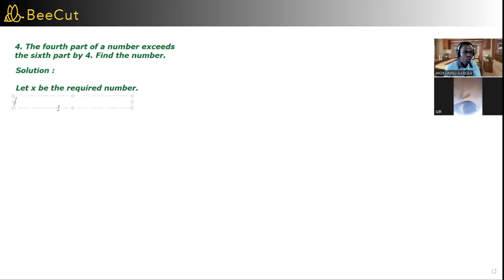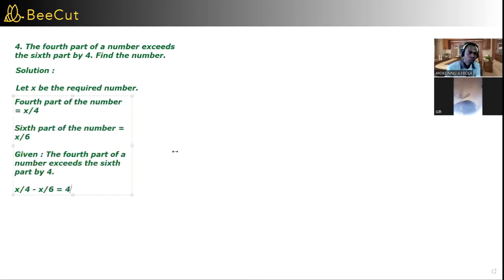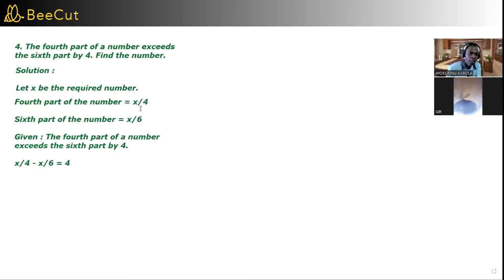The fourth part is x over 4, the 6th part is x over 6. Given that the fourth part exceeds the 6th part, the fourth part minus the 6th part is 4. Yes or no? Yes, sir. Very good. So this is the equation we are trying to solve.